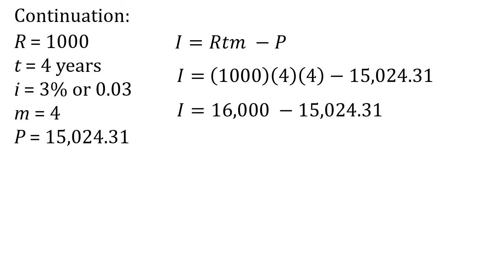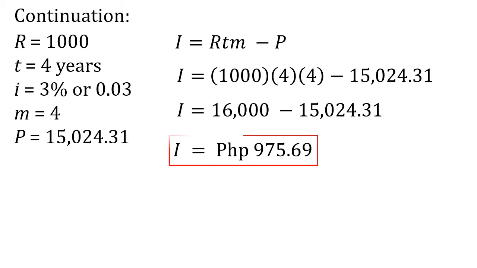This will be I equals 16,000 minus 15,024.31. Solve for the difference, so that's 975.69. This means that the interest amounted to 975.69 pesos, or 975 pesos and 69 centavos.